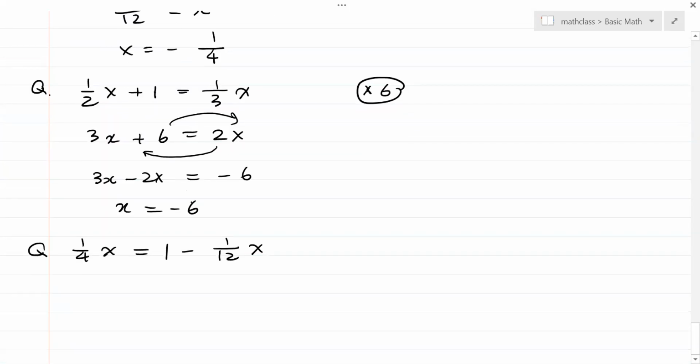Please do this. 11 over 3. Yeah, x equals 3. X equals 3. 11 over 3.